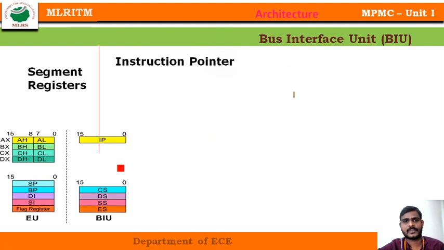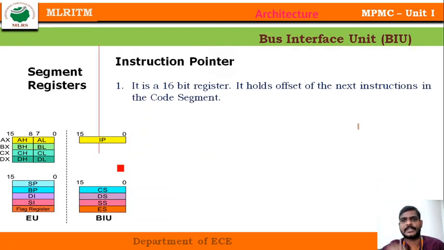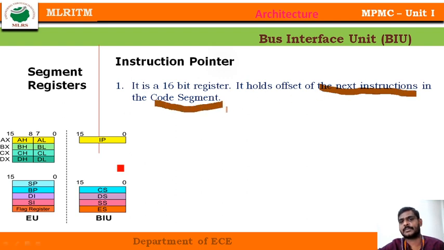Then what is this instruction pointer? It is a 16-bit register again. It holds the offset address of the next instruction of your code segment. Because of this reason, we took the instruction pointer as the offset value in the previous example.